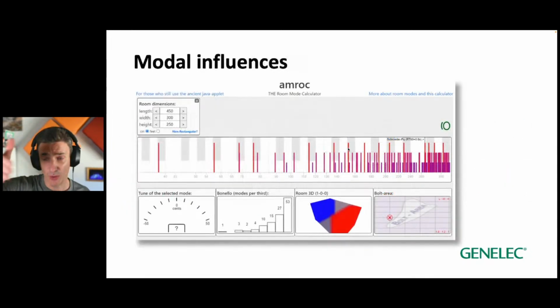In general, I already mentioned that if we have these boosts and also, of course, these dips, we always have to think about the modal influences of the room. And this is especially important below the so-called Schröder frequency. The Schröder frequency defines the frequency below which the modes have a huge influence on what we hear.